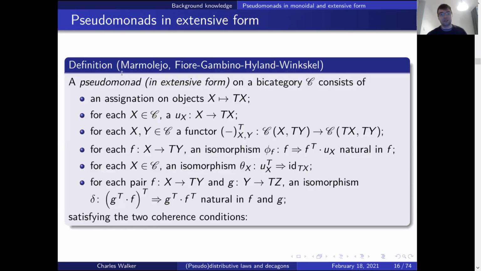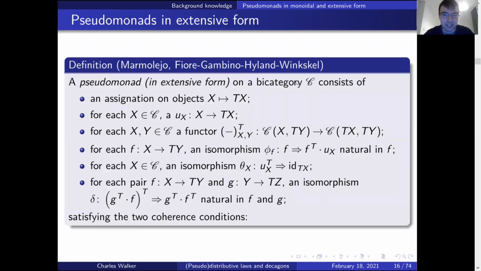All right, so what's the definition of a pseudomonad in extensive form? This was first given in a paper of Marmolejo, but I'm going to use the definition given in this paper in terms of relative pseudomonads, just with the relative part taken to be the identity. So I made some simplifications.